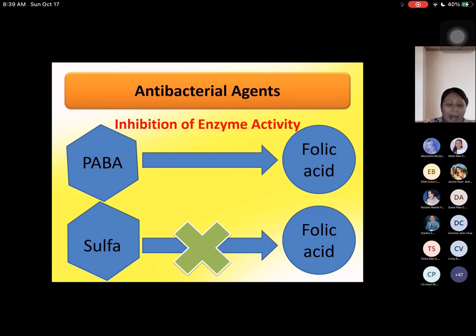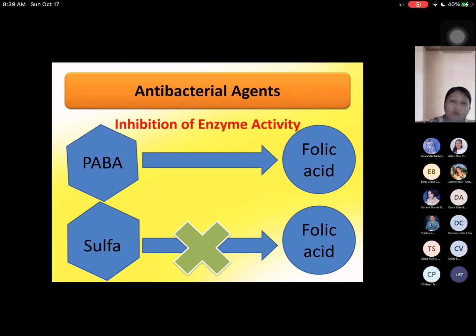die. Okay? It's as if they only alter the shape of the PABA. The bacteria were fooled by the shape of the sulfa, which is like the shape of PABA. When you take this antibiotic, in reality, the sulfa drugs don't affect folic acid in humans.